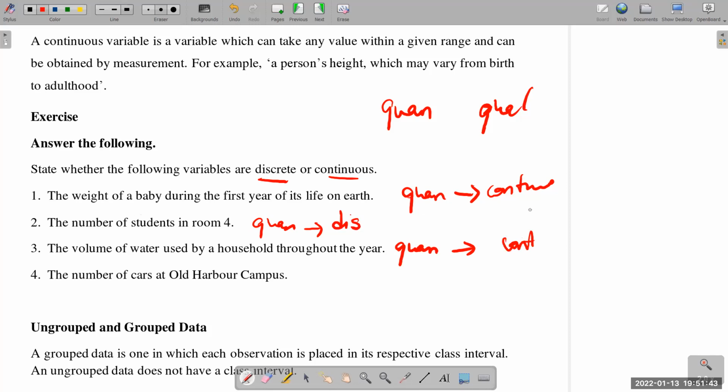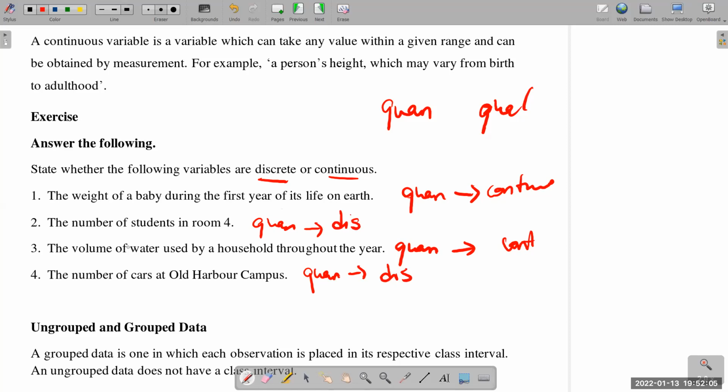Because you remember, it's water, it's how much water you're drinking. It will never be standard. It's going to be between a range of things. Okay? The number of cars at the Old Harbor campus. Excellent, discrete. That's it.